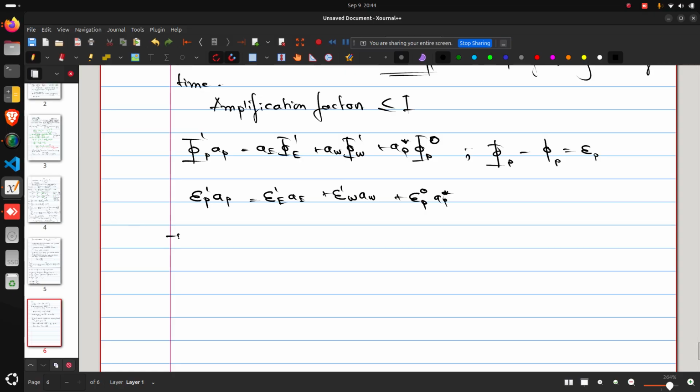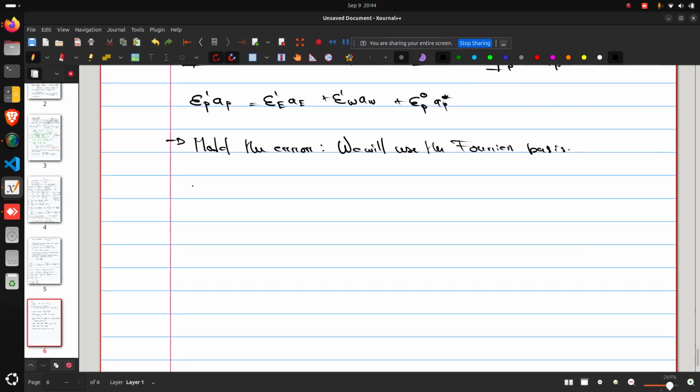Now comes the next step. We have to model the error. What will we use? We will use the Fourier basis. That means we will assume that the error, which may be something like this, and we will break it down into different Fourier modes, right?